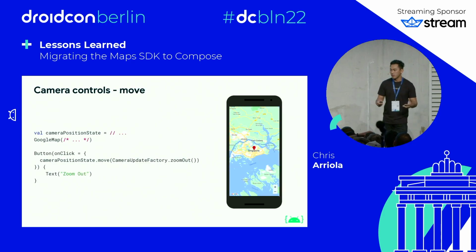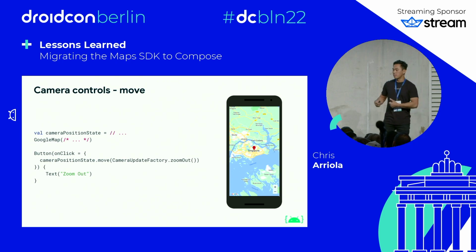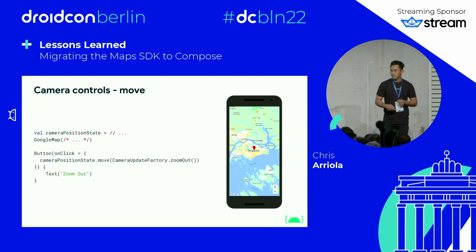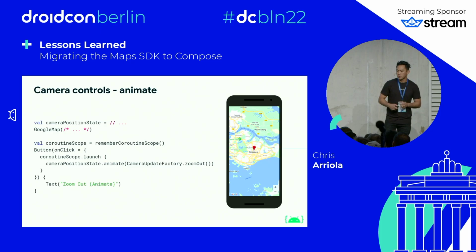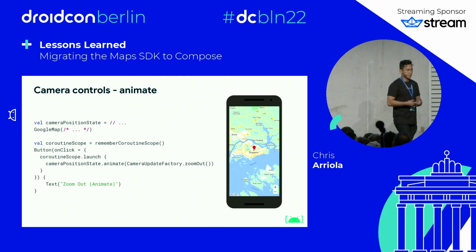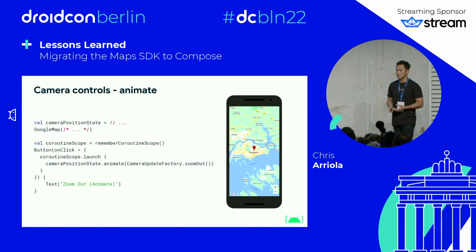Camera position state also has support for moving the camera, so you call the move function and then pass in a camera update to move the camera from one place to another. And it also supports animating the camera position, basically smoothly transitioning the camera position. And this is a suspending function, so you have to invoke it within a coroutine scope.